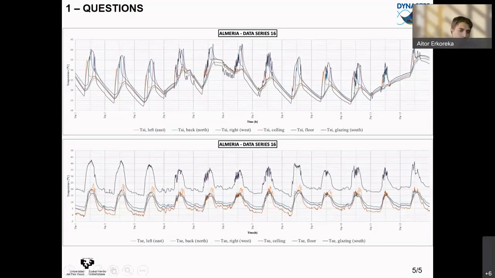But at night, when there is no solar radiation, the surface temperature measurement is probably very close to the glazing temperature, even if the emissivity for the long wave radiation is not exactly the same on the sensor surface and on the glazing surface.